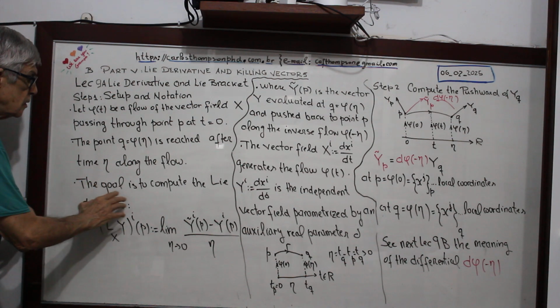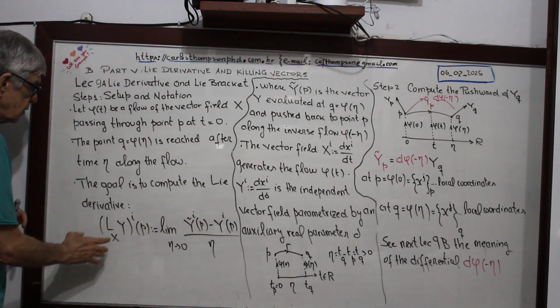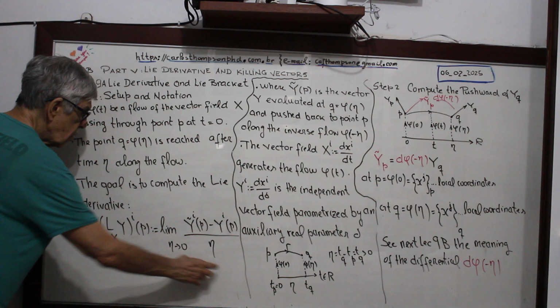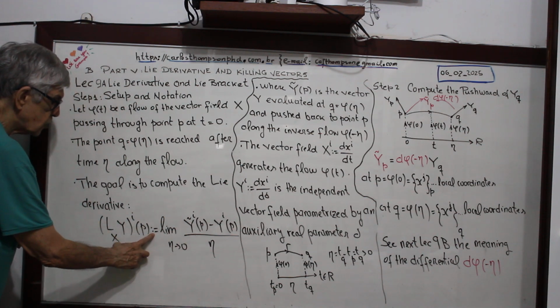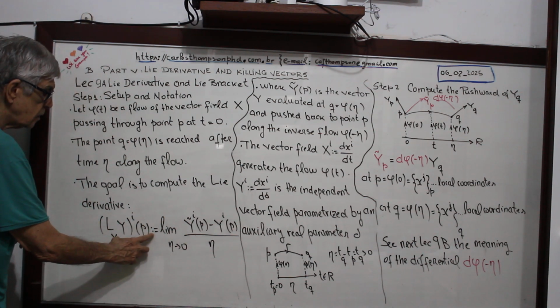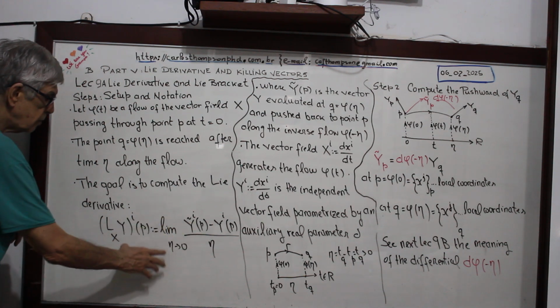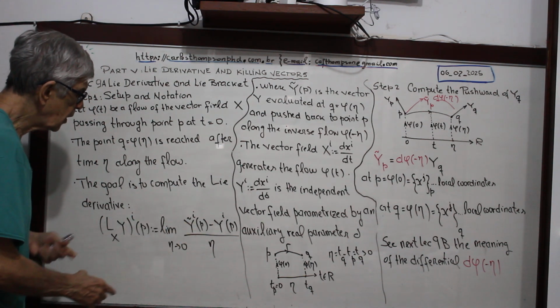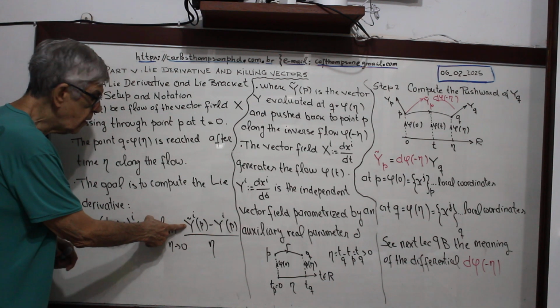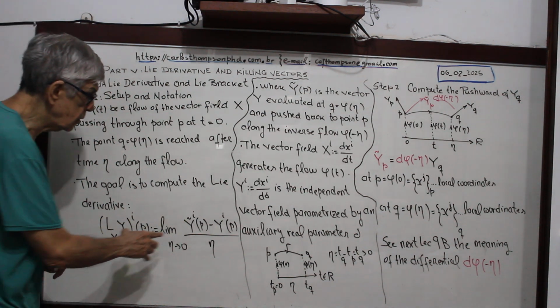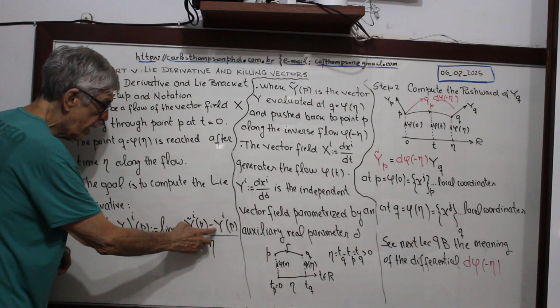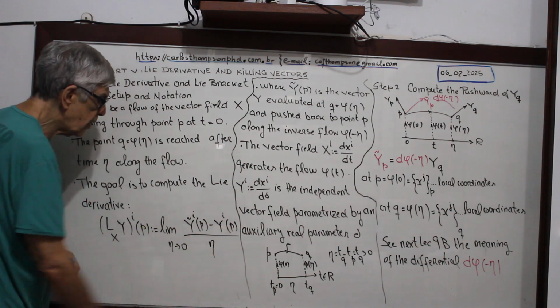The goal is to compute the Lie derivative. This is the definition of the Lie derivative: L_X Y at P is equal to the limit as eta goes to 0 of the push forward, minus Y at P, divided by eta.